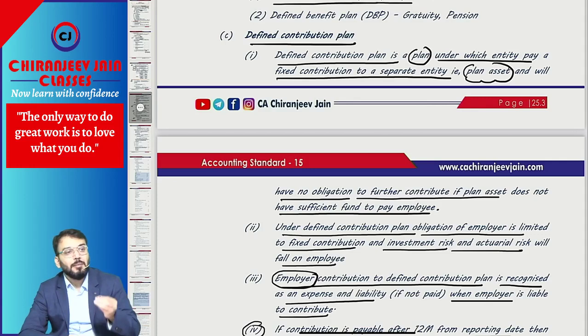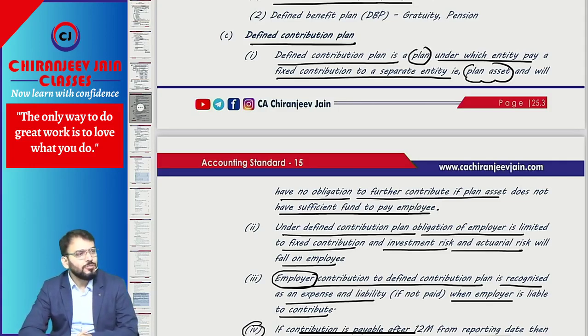Whatever amount is contributed by the employer will be recognized as an expense and liability when they are liable to contribute. If such amount is payable after 12 months from the reporting date, it will be recognized at a discounted amount. Normally it is payable within 12 months, therefore we use the undiscounted amount.